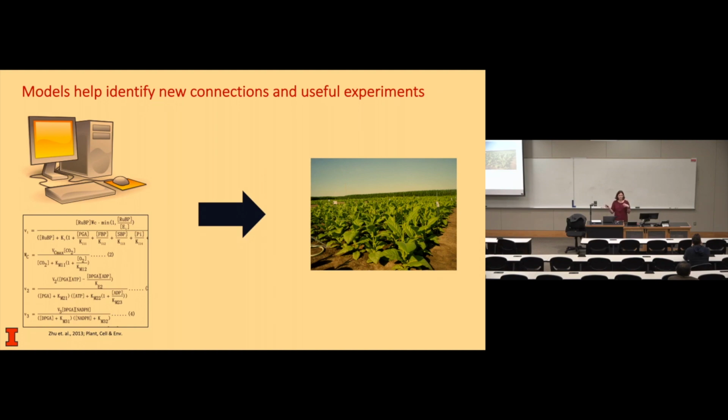If I could do that experimentally, what type of output or change in the plant or crop would we expect to see? You can run a whole series of these types of tests and simulations and hopefully identify promising strategies or ways of changing or engineering the system or plant to meet goals that you're interested in.